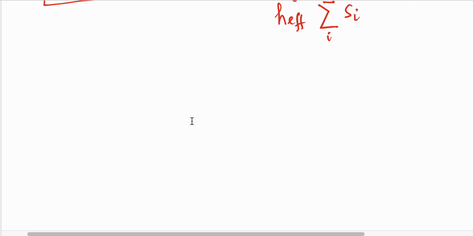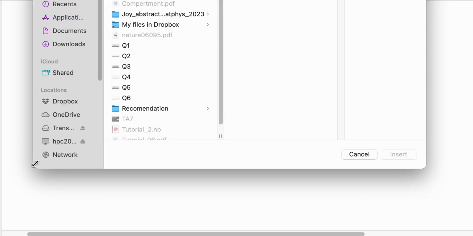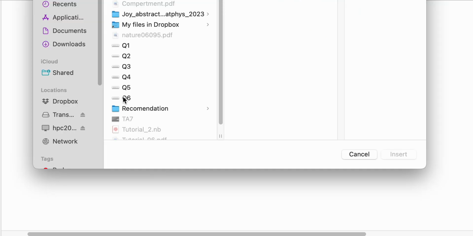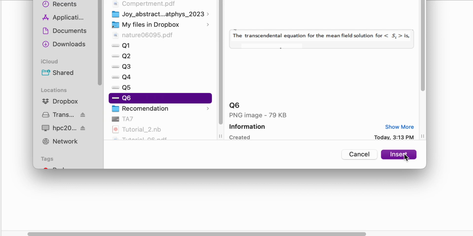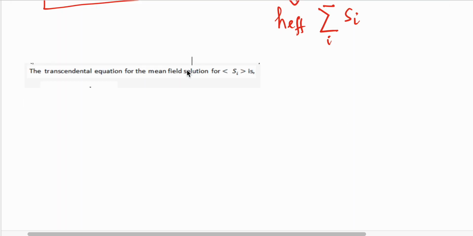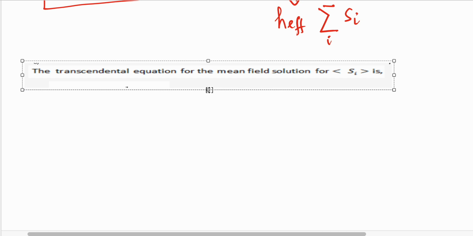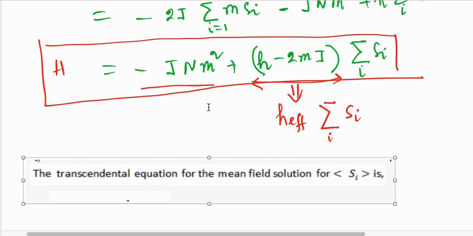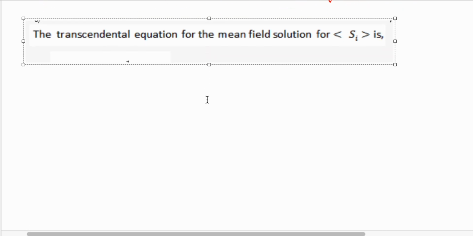Now let's move toward the last question of this assignment, question number 6. What is the transcendental equation for the mean field solution?